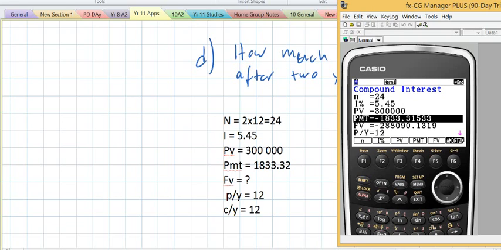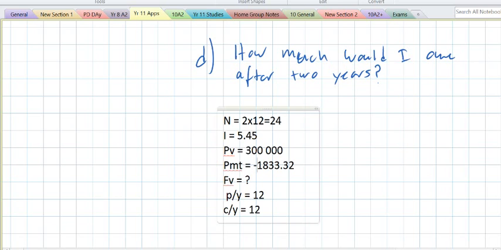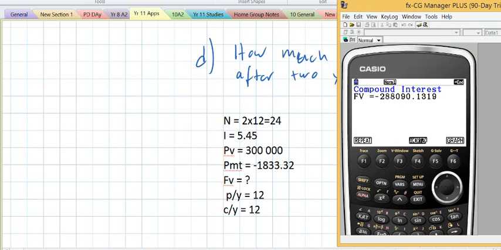Is your payment negative 1,833? Sorry, I should have done that in the working here. It should be negative 1,833 because that indicates we're paying money away. Kira, let me look at yours. Yours is 12. This is 2 years, so we'll need 24.